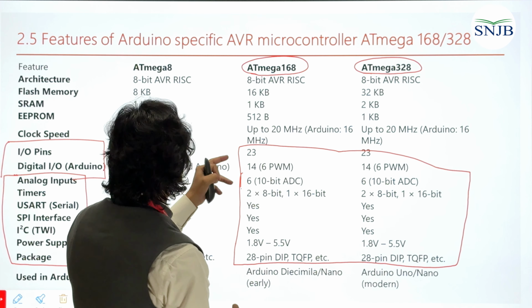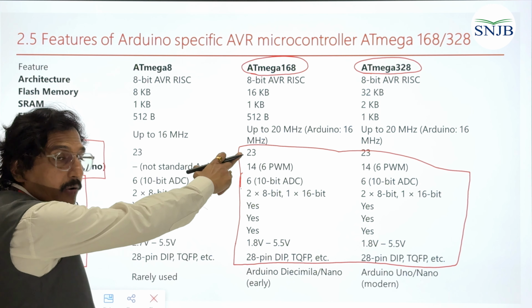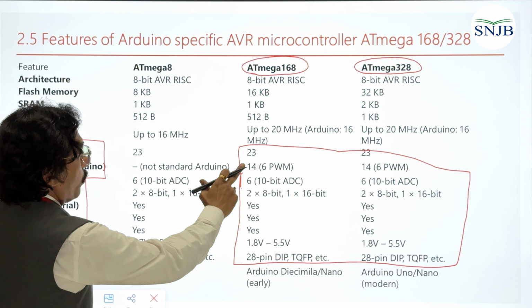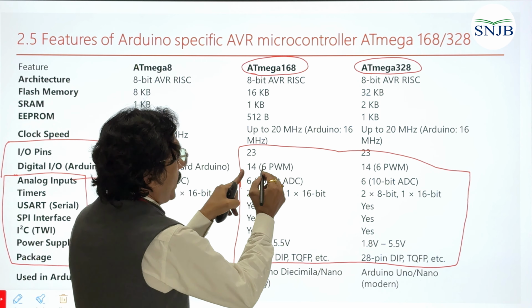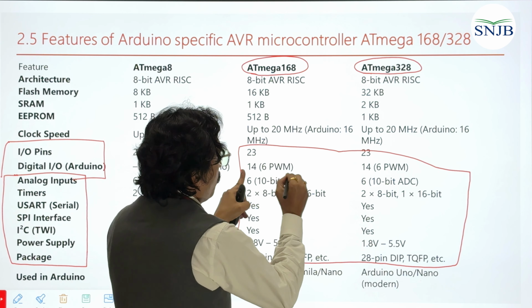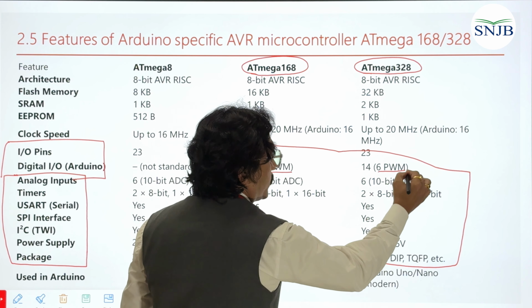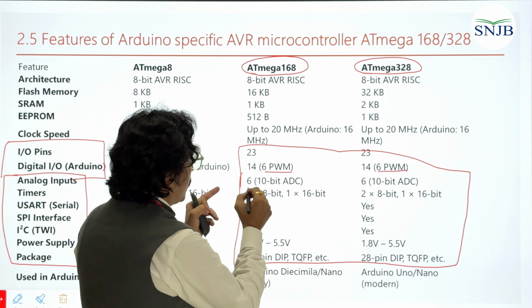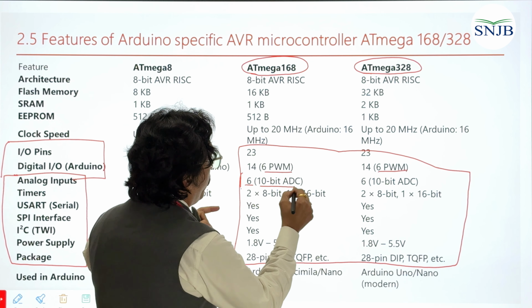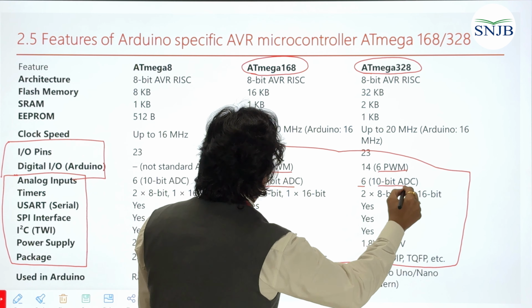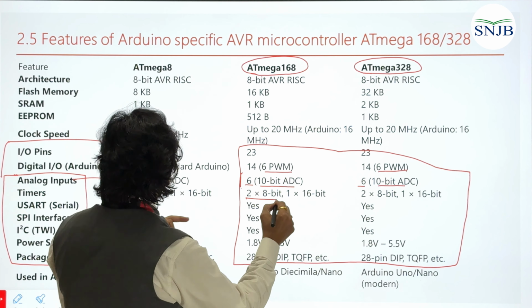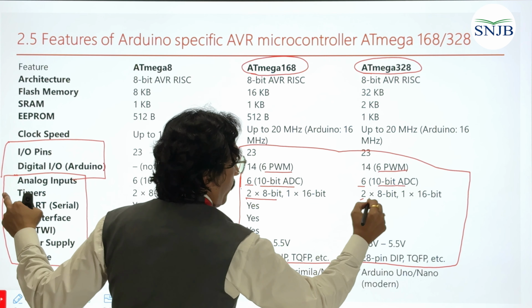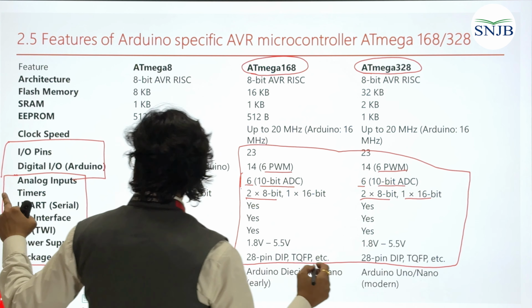So which are those parameters? Input output pins are 23. Digital input output pins are 14. Out of them, 6 are pulse width modulation. 6 10-bit ADC, 2 8-bit timers and 1 16-bit timer.